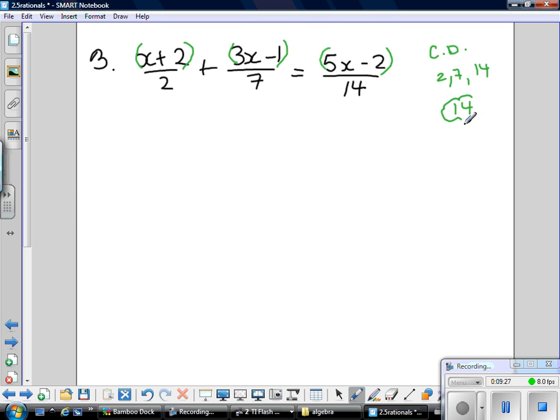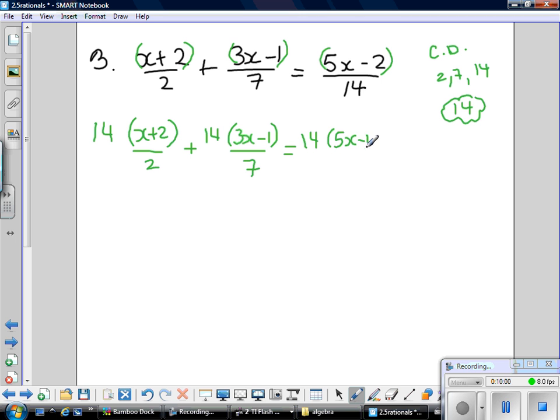So I'm going to take the number 14 and multiply it by everything, all the terms. So I have 14, and remember I put a bracket around my numerators, plus 14 times the 3x minus 1 over 7, and my 14 over the 5x minus 2.